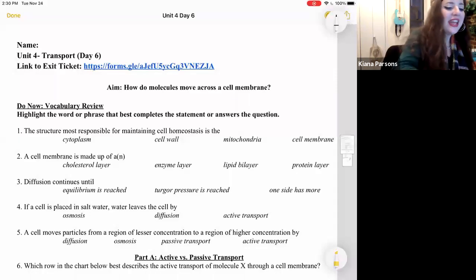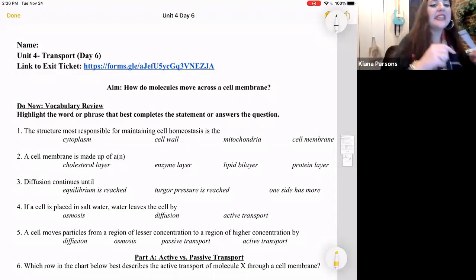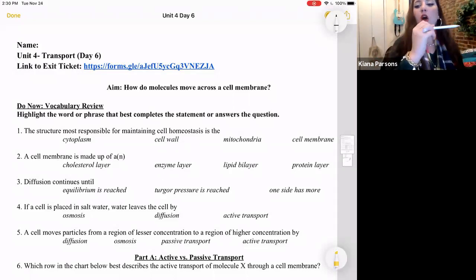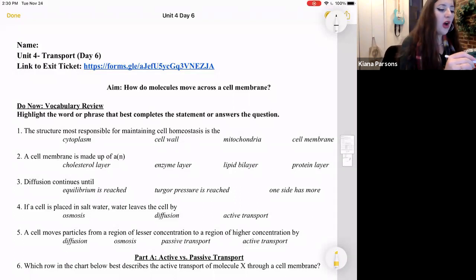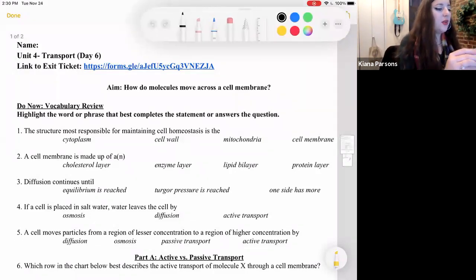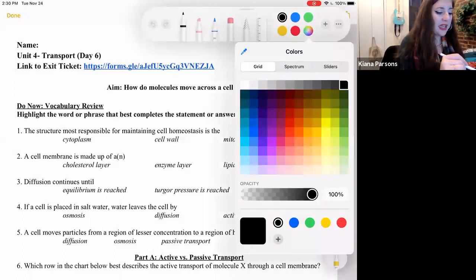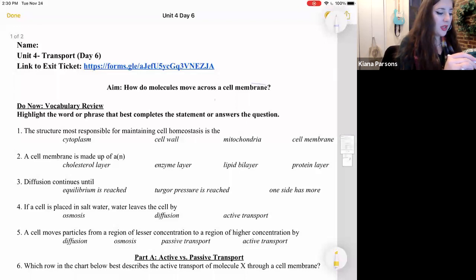All right, so we're looking at Unit 4, Day 6, and today's aim is how do molecules move across a cell membrane? So obviously a couple of words that might jump out at you by this point, cell membrane.